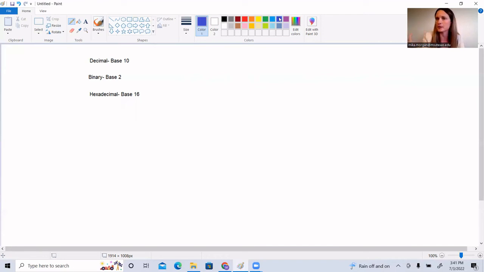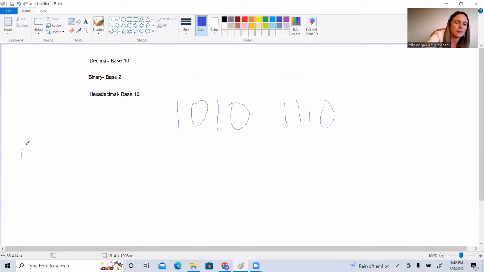Let's say we have a number in binary. So here's a number: 10101110, whatever. If I asked you to convert that to base 10, you could. You would write all the place values down below it and add up where the ones are. But I am going to ask you to convert it to base 16.